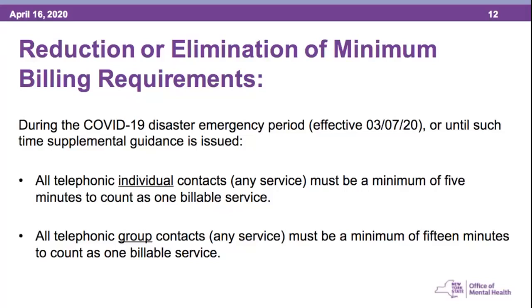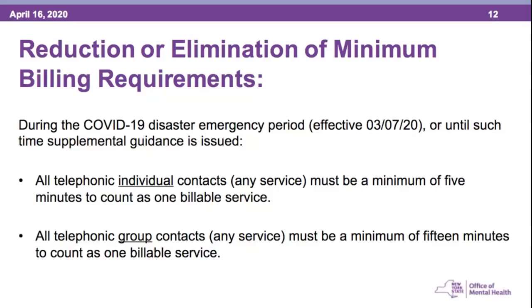So as I look at slide 12, during the COVID disaster emergency period, OMH is allowing for billable contacts that are outside of the existing consolidated PROS reimbursement methodology, or the PROS unit conversion method, which you are familiar with.